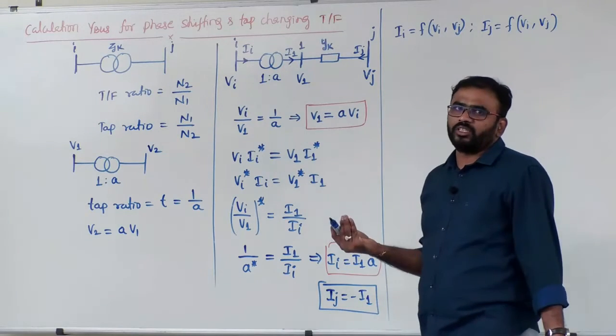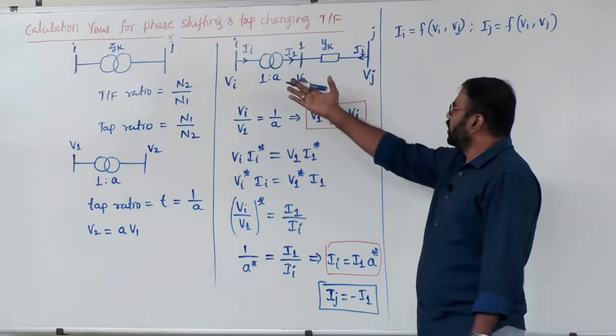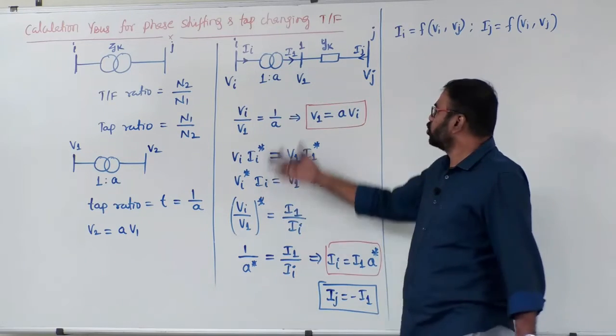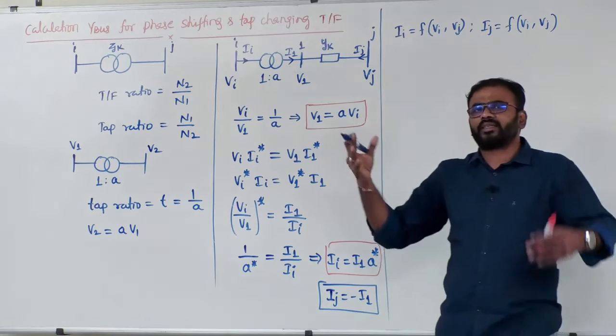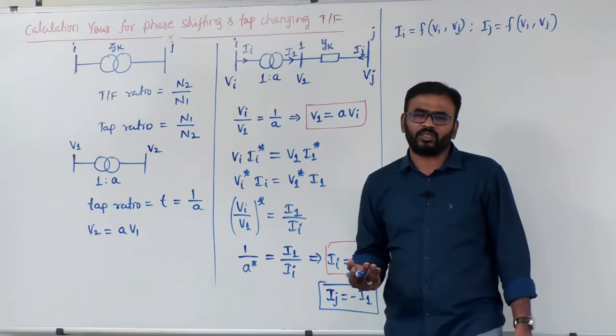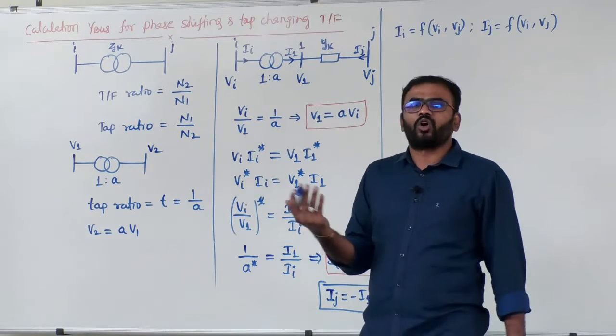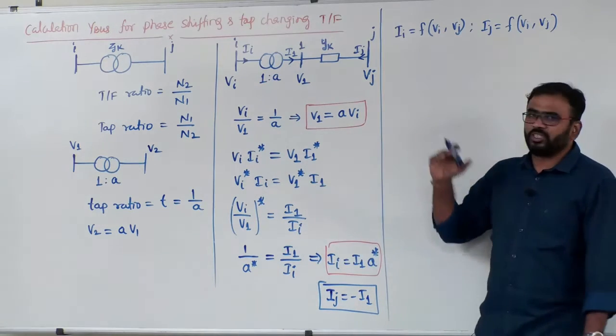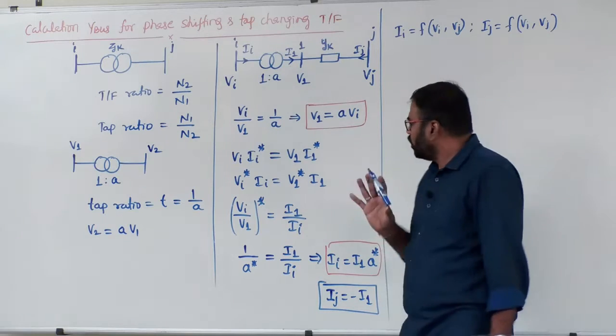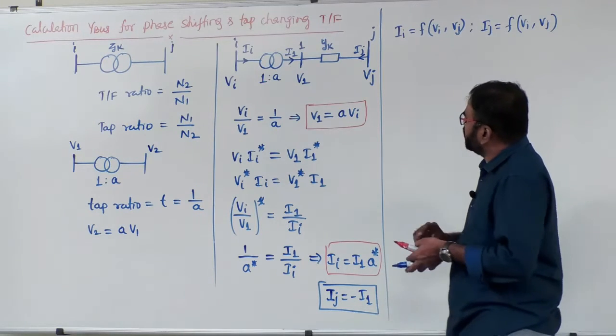Once you write the equations, we can define the Y bus for this two bus system. In between we have a phase shifting transformer or a tap changing transformer. The only difference is A is a complex number for a phase shifting transformer and a real number for a tap changing transformer. Clear?